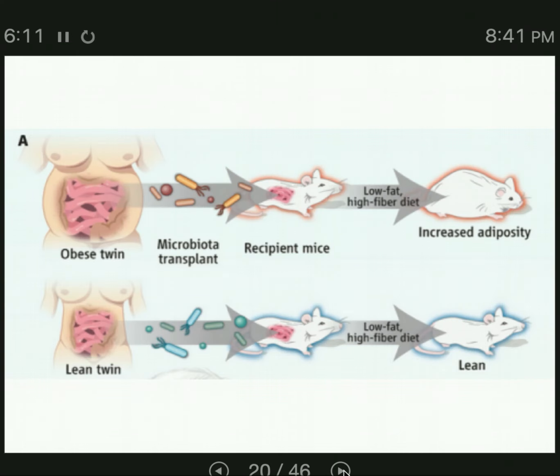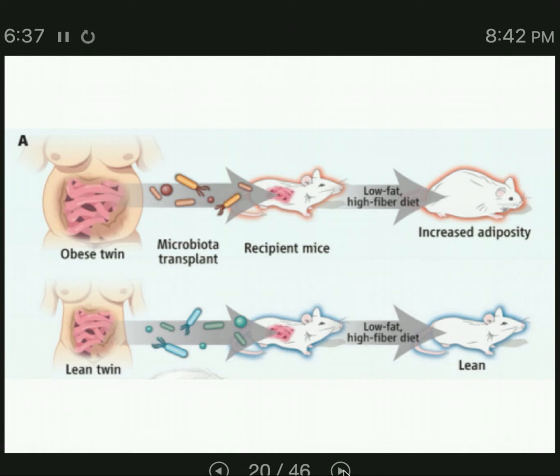Okay. The gut microbiome is not only implicated in the development of immunity, it is also implicated in obesity and nutrition. Transferring the gut microbes from obese mice or obese people into germ-free mice causes the germ-free mice to become obese, which does not happen when microbes from lean mice or lean people are transferred to germ-free mice.